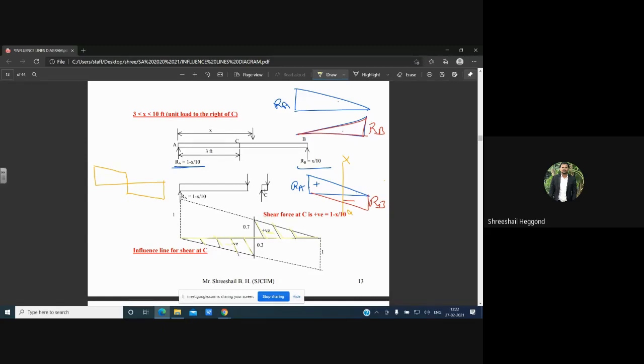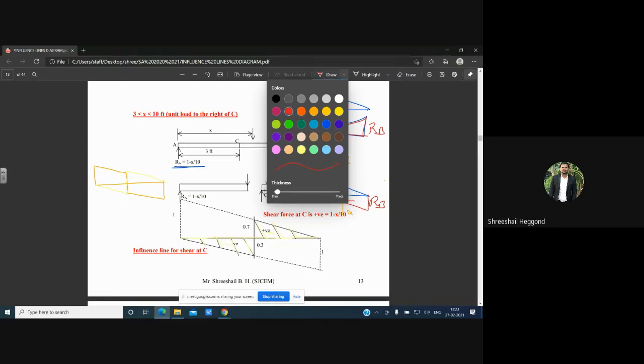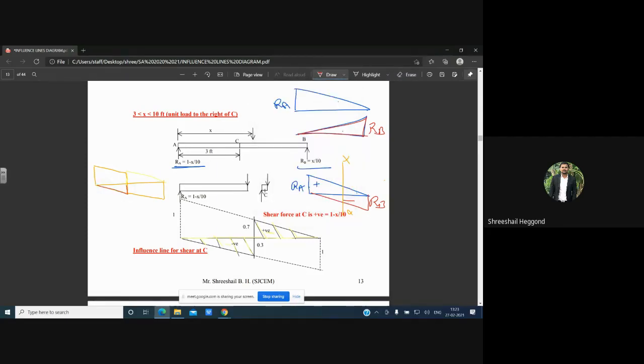Or else this diagram can be drawn like this. Or else you can highlight this one by using a different color. This is all the remaining place which you need to omit.